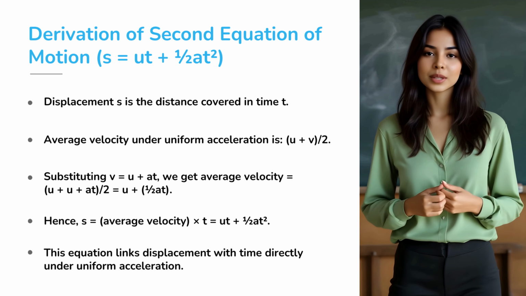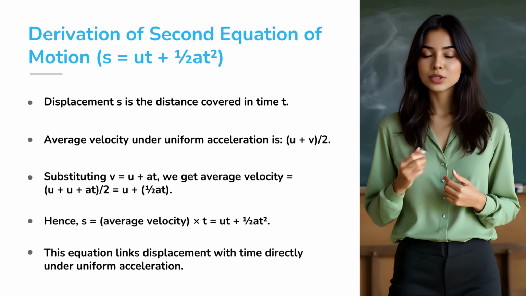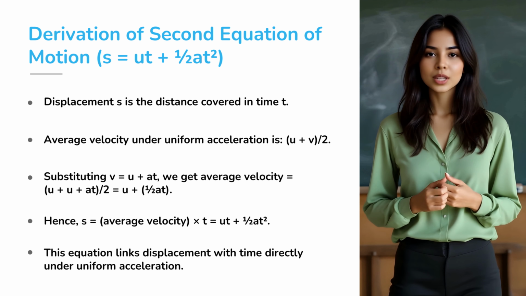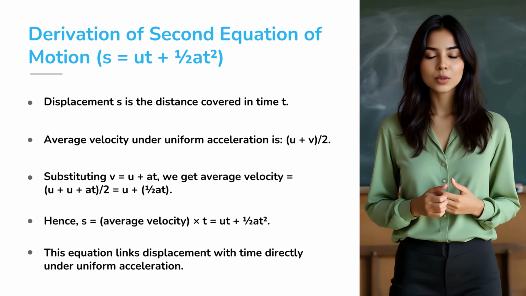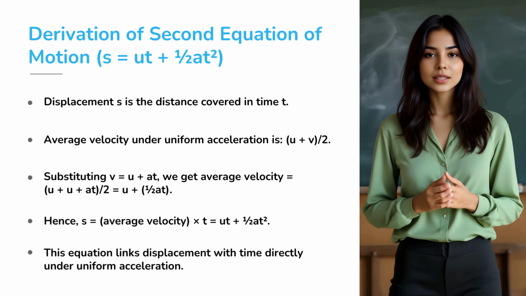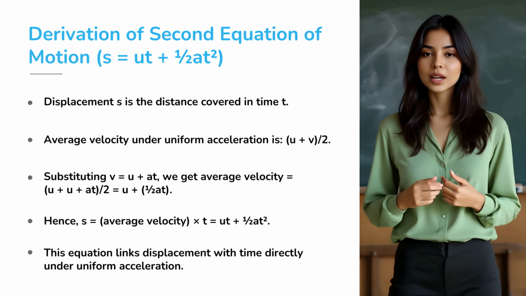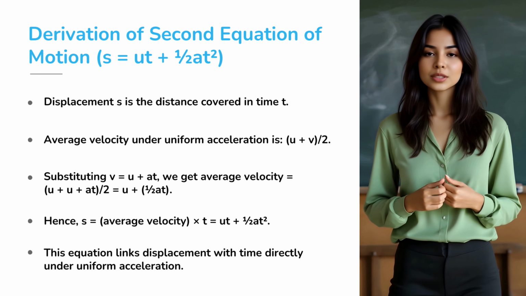Therefore, displacement s equals average velocity multiplied by time, which becomes ut plus half at squared. So the second equation of motion is s equals ut plus 1 by 2 at squared. This beautifully relates displacement with time when acceleration is constant.